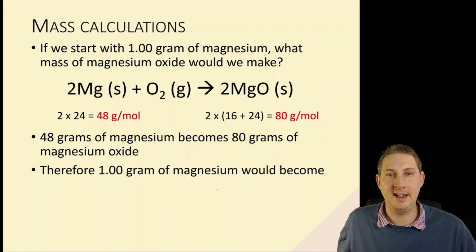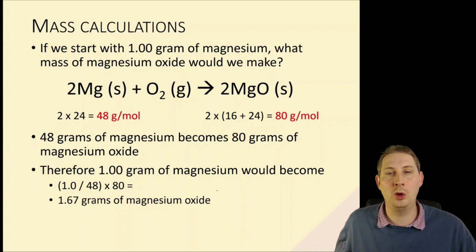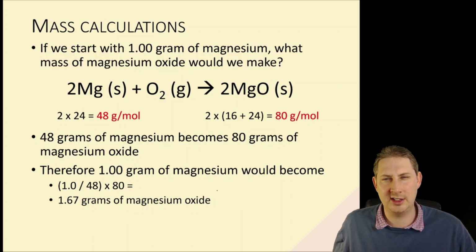Hopefully, by now you've got the idea. The fraction of that we start with is 1 over 48. We times that fraction by the 80, and we get that 1 gram of magnesium would become 1.67 grams of magnesium oxide. This is just a ratio calculation.